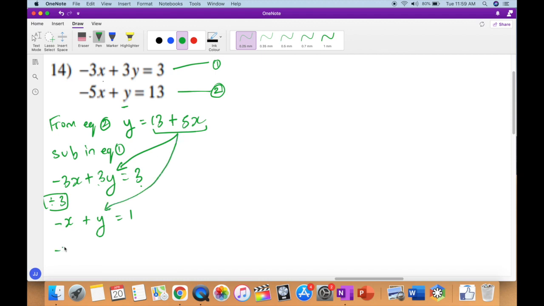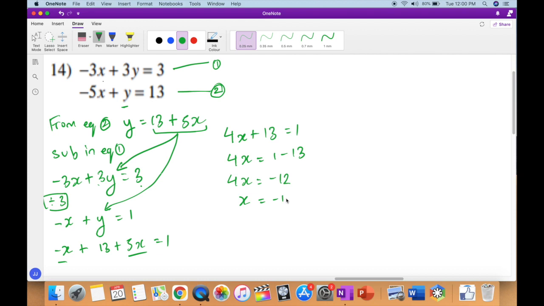So now I have negative x plus (13 plus 5x) is equal to 1. Right? So 5x minus x gives me 4x. 4x plus 13 equals 1. 4x equals 1 minus 13. 4x equals negative 12. x now is negative 12 divided by 4, which gives us negative 3.